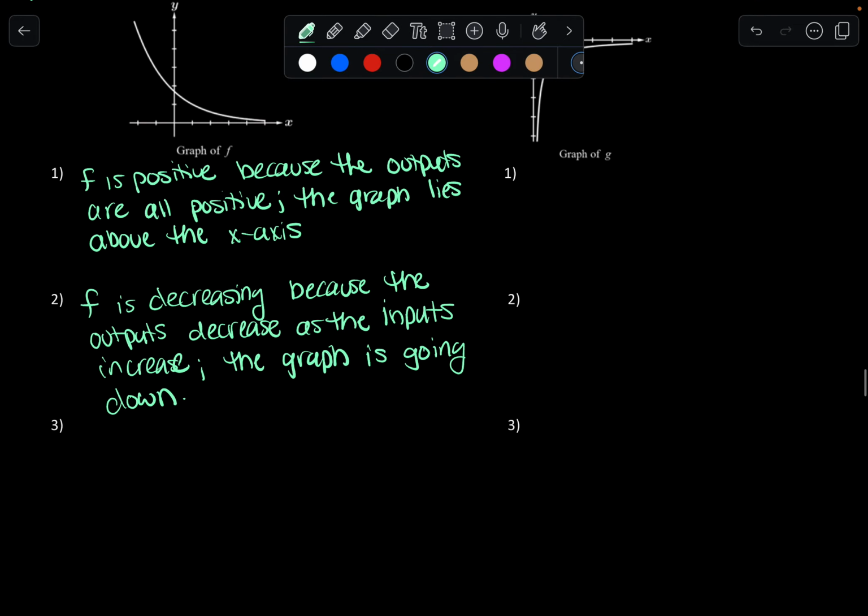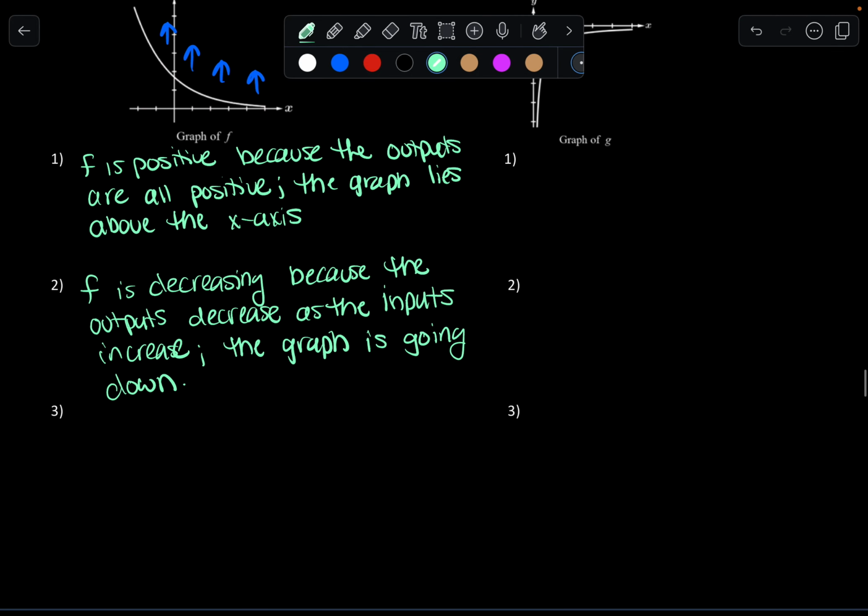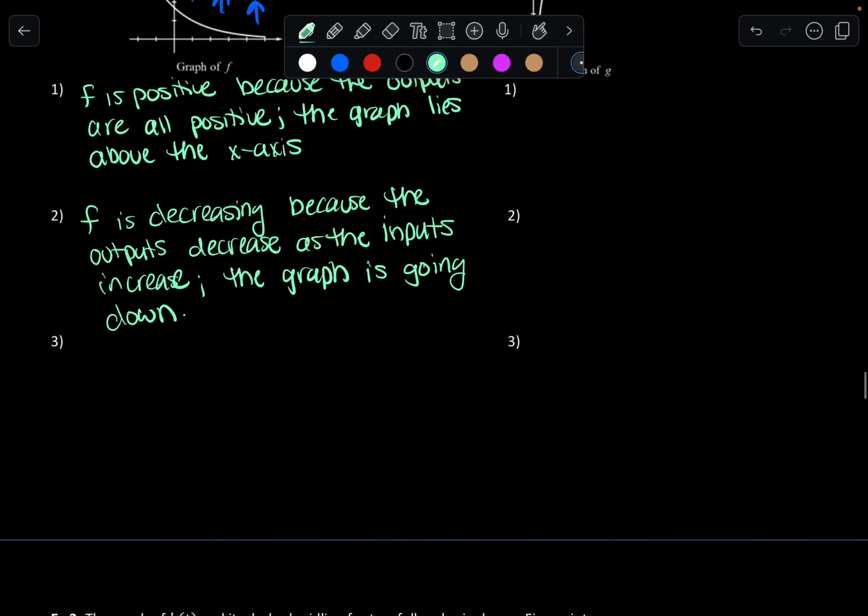And the last observation is, is it concave up or concave down? If we look at this, we see that bowl shape. So that means this is concave up. Also based on the evidence from 2, it's lying above the x-axis and it's decreasing.